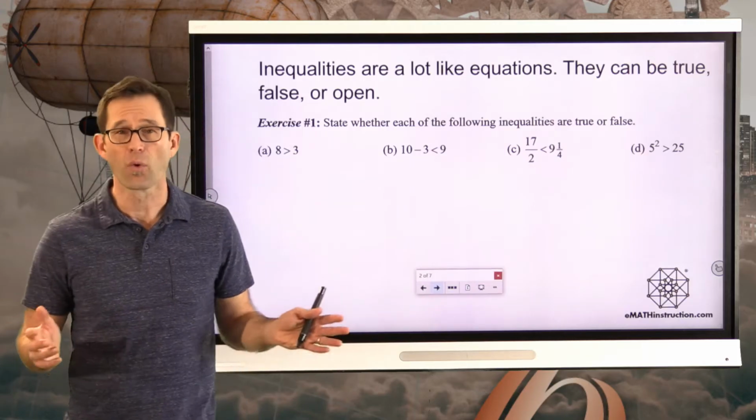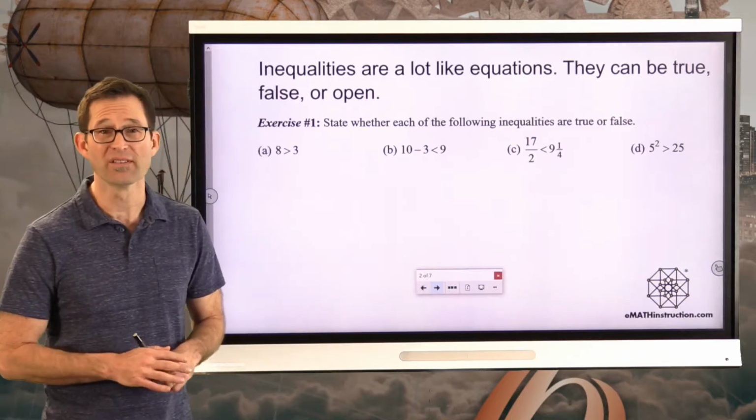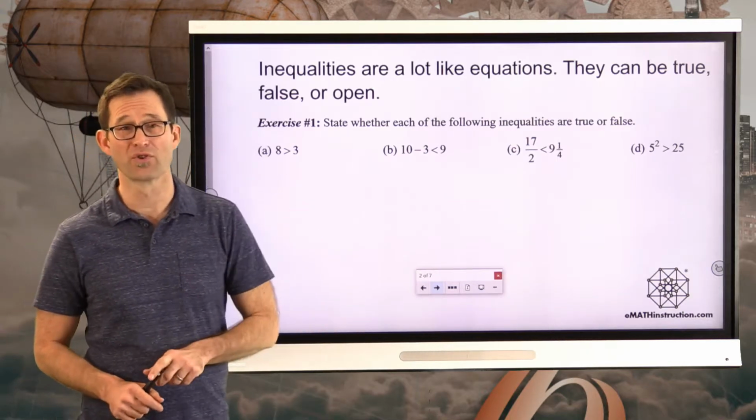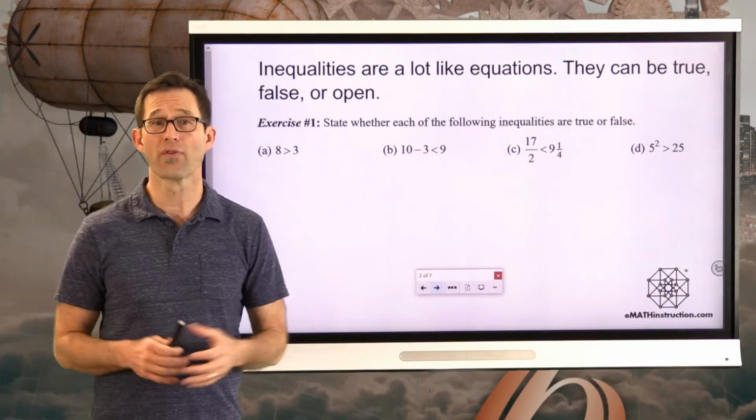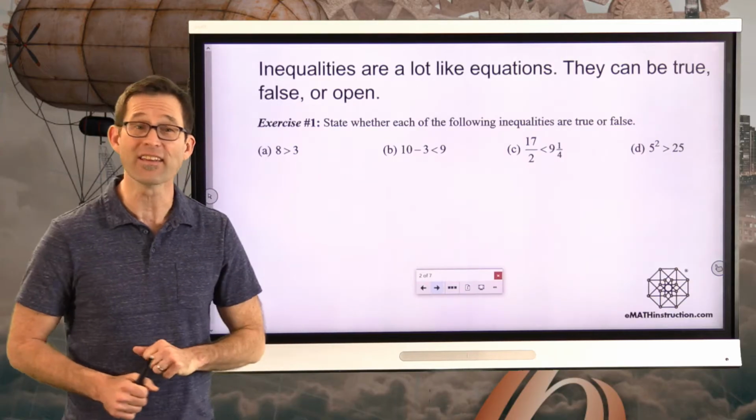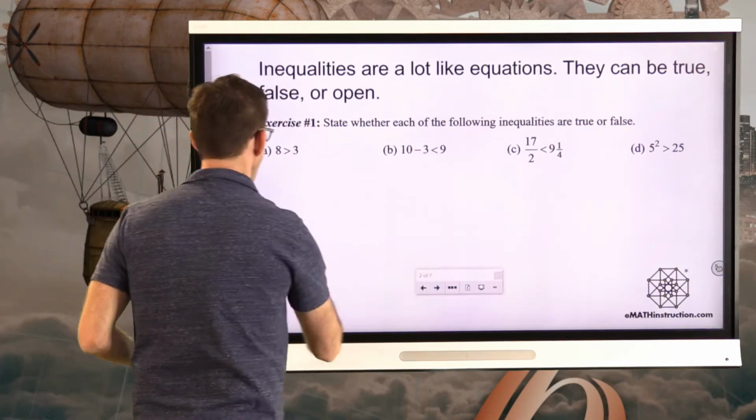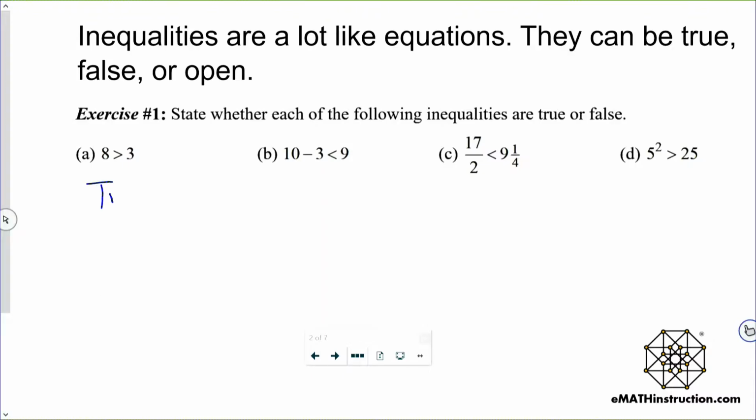Now, of course, there are some inequalities that are exceptionally easy to tell whether they're true or false. 8 is greater than 3. Yes, 8 is greater than 3, so I'm going to say true. That one's an easy inequality to judge.